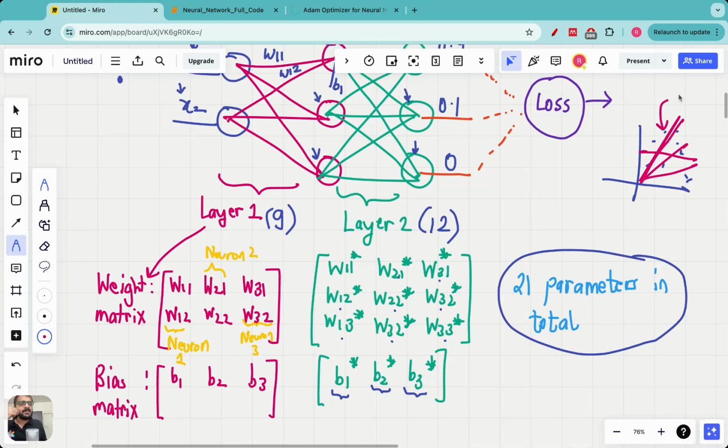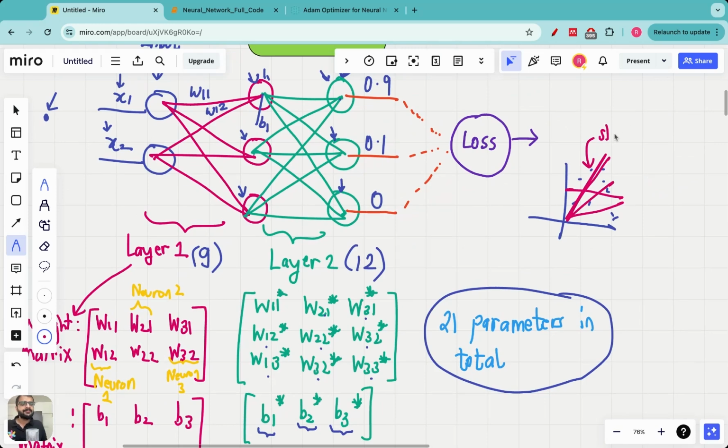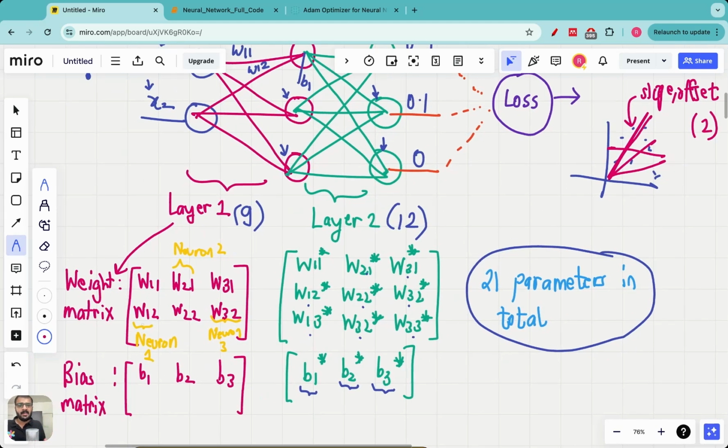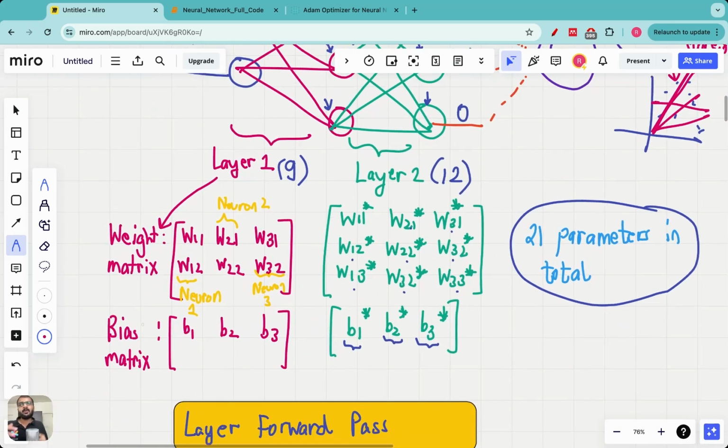The parameters of this straight line will be the slope and the offset. So there are two parameters here which we need to optimize. But in the case of a neural network, you can think of it as a much more complicated and expressive function than just a straight line. And so we have 21 parameters in total which really need to be optimized.